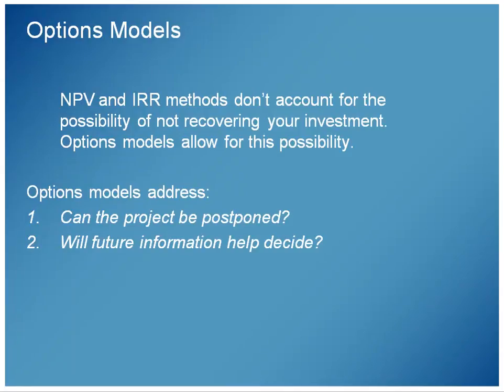The idea here is that for some projects, NPV and IRR, net present value and internal rate of return, those don't work very well. Specifically, projects where you have a real possibility of not recovering your investment. Things that have very high capital costs, like building buildings. I think they use the example of an oil refinery or some kind of a large expense like that, where you're not necessarily going to get your money out of it.